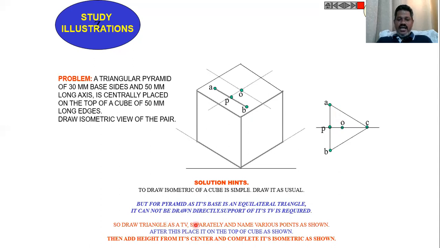Then draw the triangle as a top view separately and name the various points as shown. After this, place it on the top of the cube as shown.